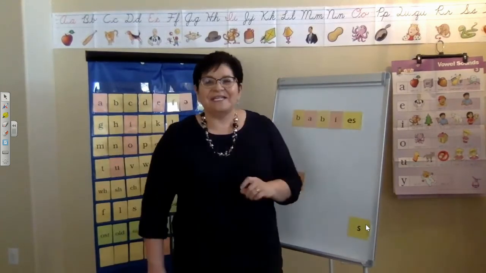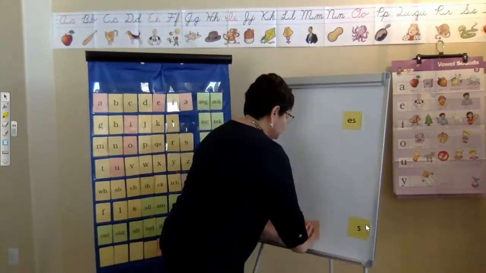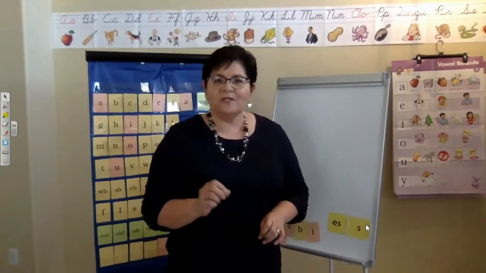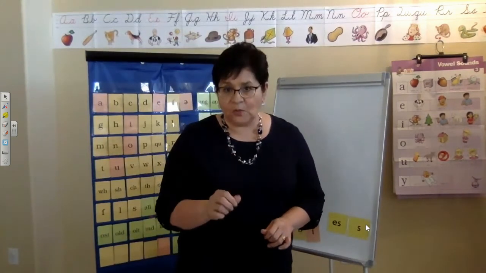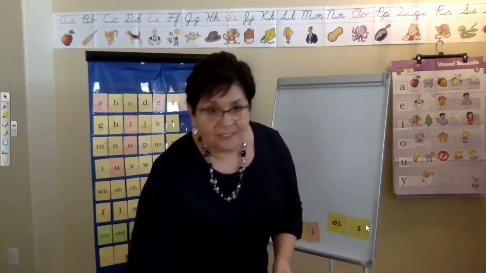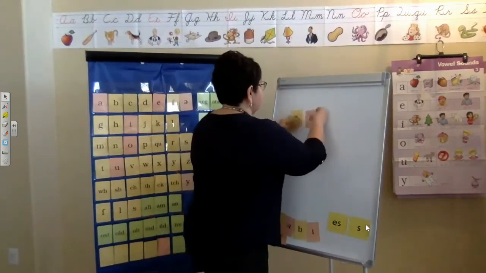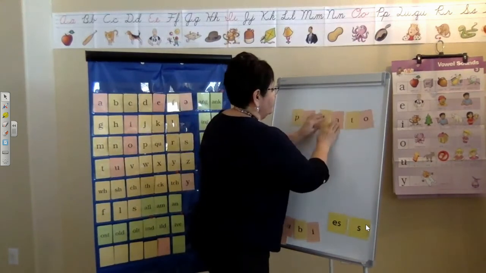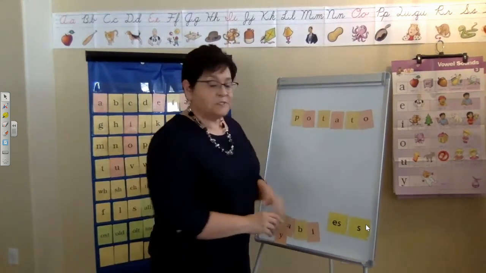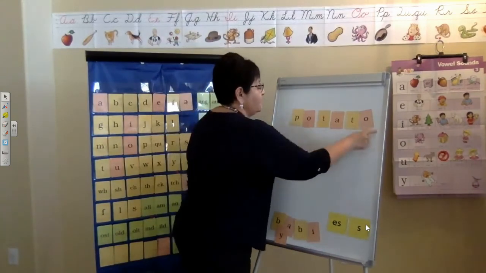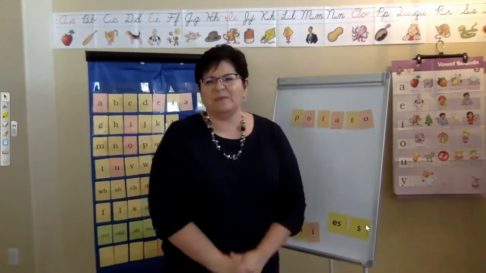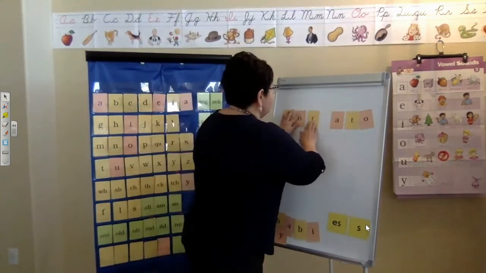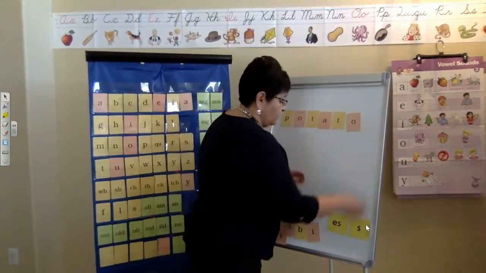Good work. Now, let's move on. And now let's talk about how you make a word that ends in O plural. So be thinking about that. Let's read this word. Potato. We say potato. Now, what suffixes do we use to make words mean more than one, to make them plural?